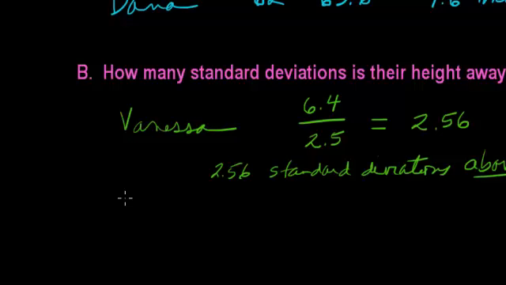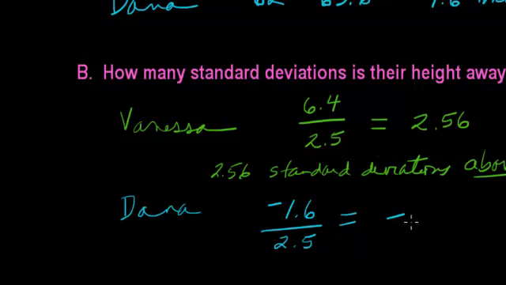Let's look at Dana. How many standard deviations away is her height from the mean? Well, the difference between her height and the mean was negative 1.6 inches. And we'll divide that by the standard deviation of 2.5, and we get negative 0.64.